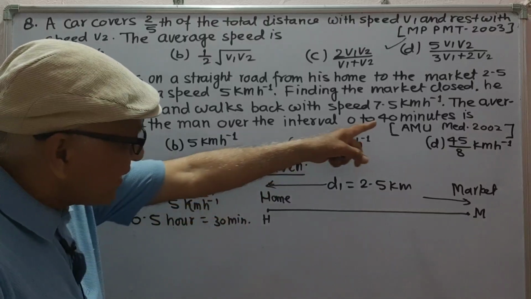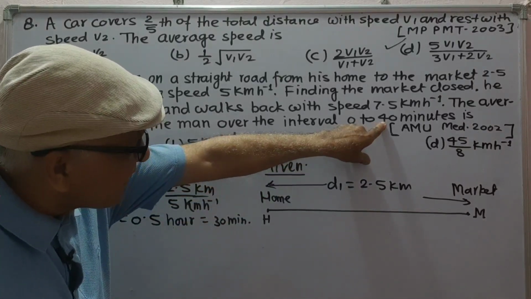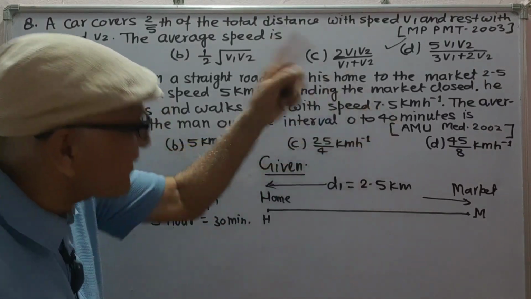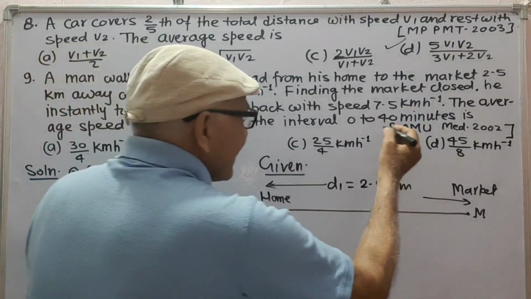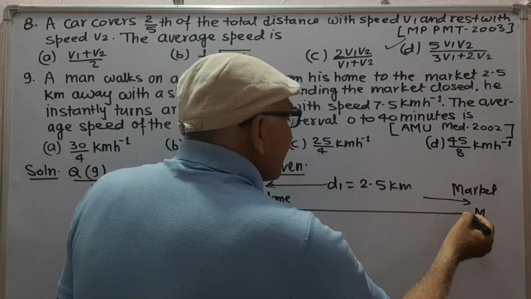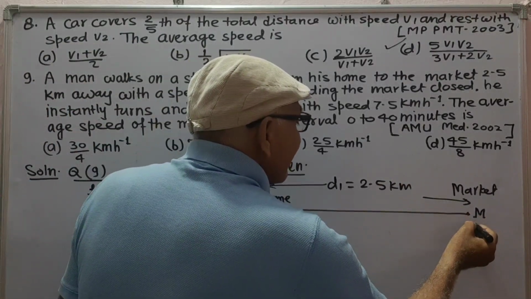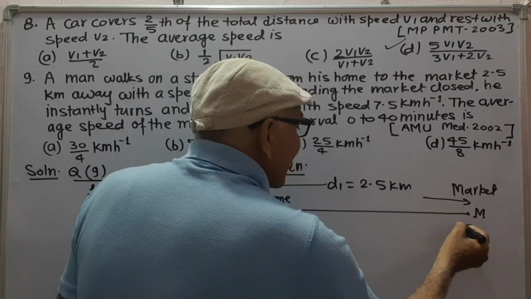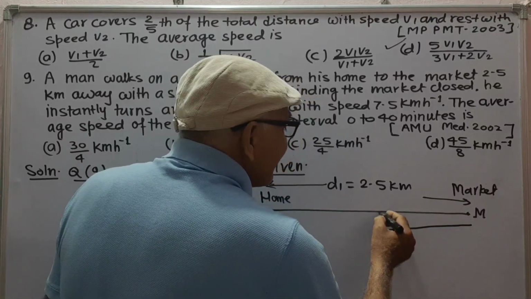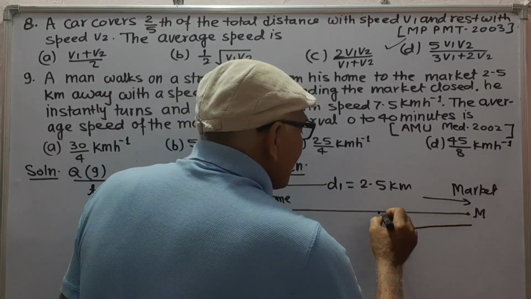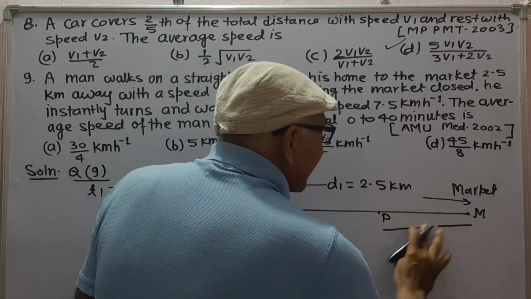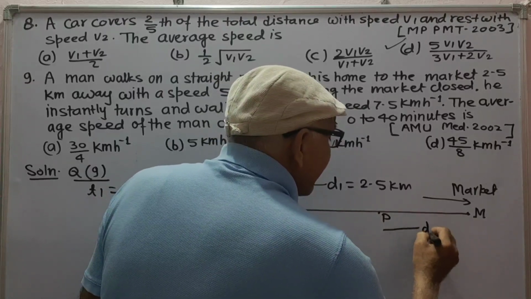Now the remaining time is 40 minutes minus 30 minutes, means 10 minutes. In 10 minutes during returning, suppose the person comes from point M to point P, covering distance d2.